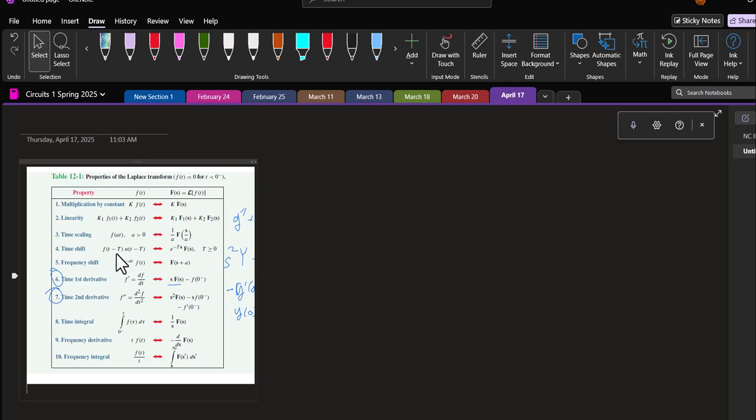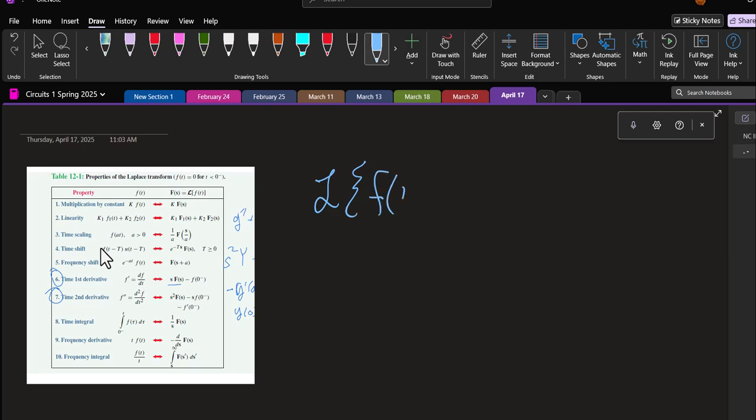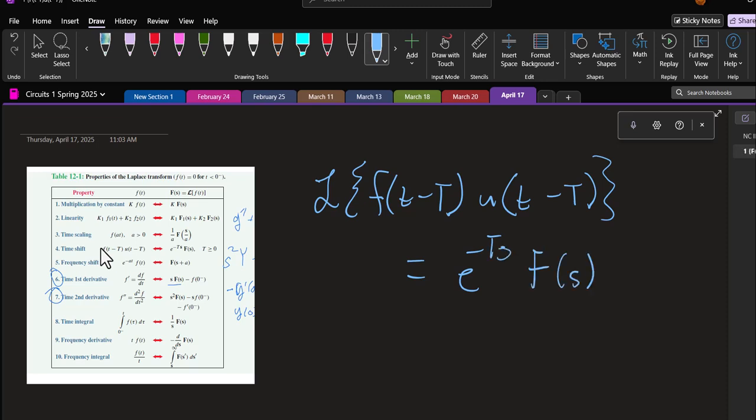the time shift. So the Laplace transform of f of t minus capital T times u of t minus capital T equals e to the minus Ts times the Laplace transform F of s.